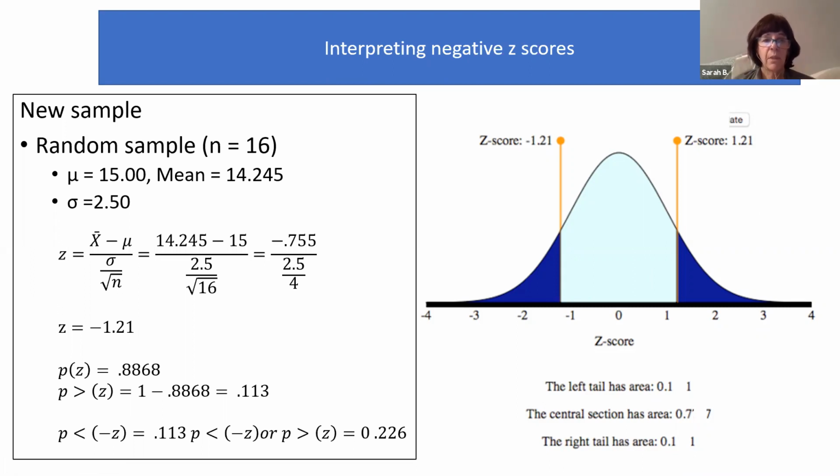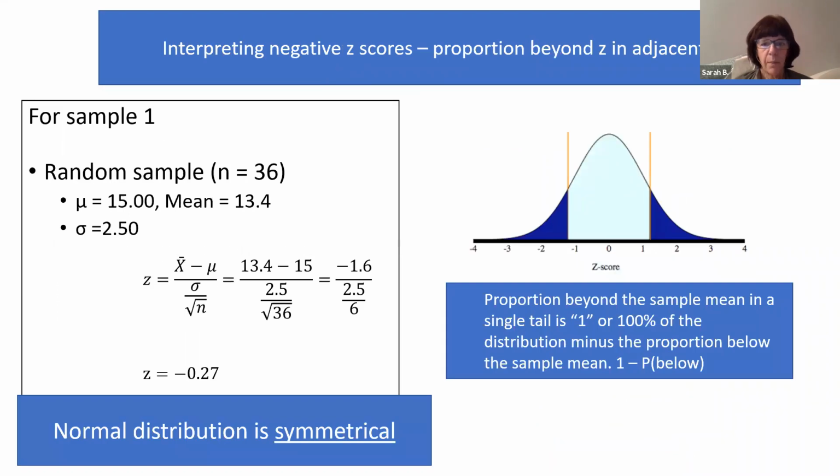For the meantime, this is how you calculate z-scores in terms of proportions and probabilities at different areas of the normal distribution. And I think that's pretty much it. That is just kind of the finale of that group. And so we will end here.